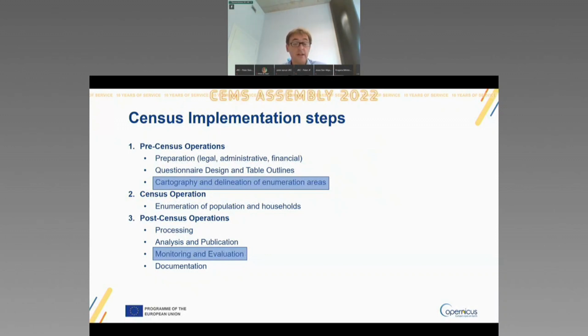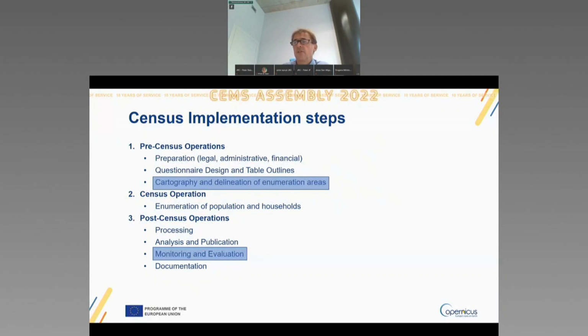So they need to understand where they are going. Then it has to be assured that these areas are not so big that one enumerator can do his part within a certain time frame. And this is really where we can help already in the pre-census operations, and I will show 2 examples of how we have been doing that, or how this could happen.